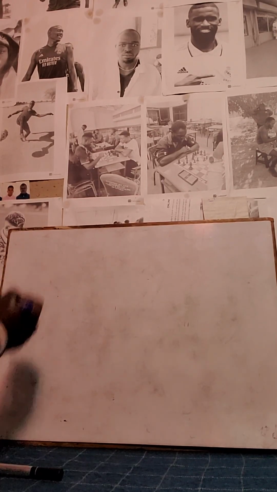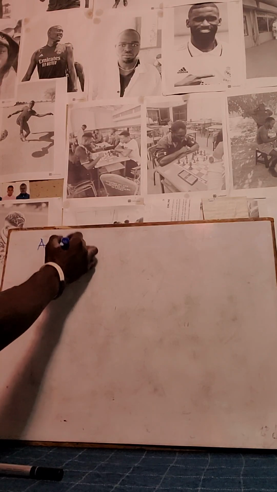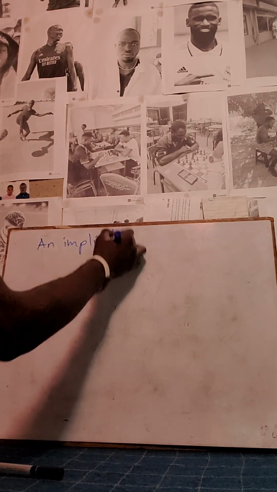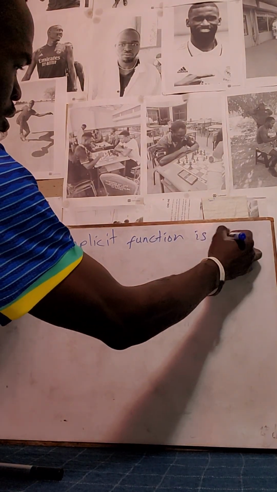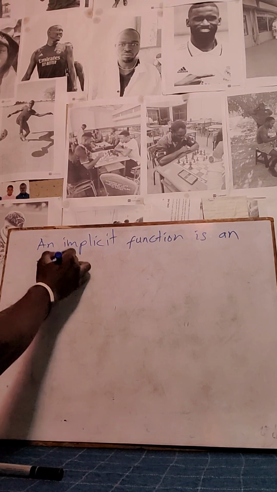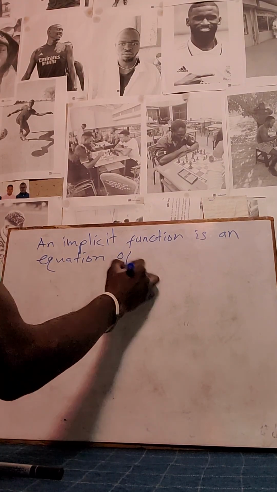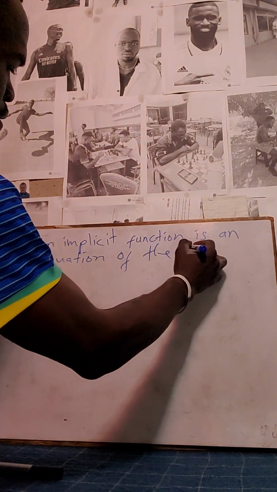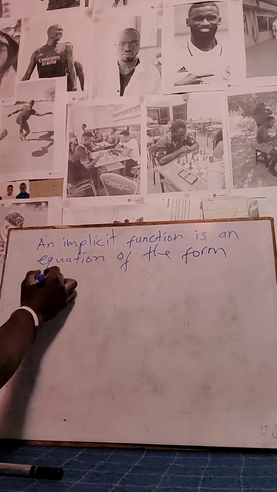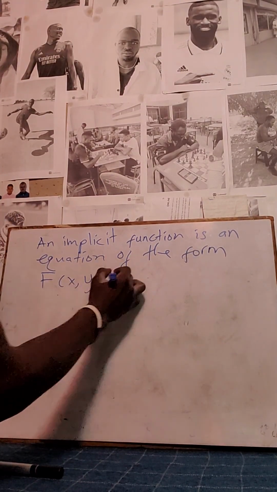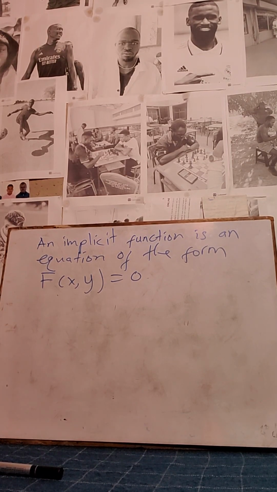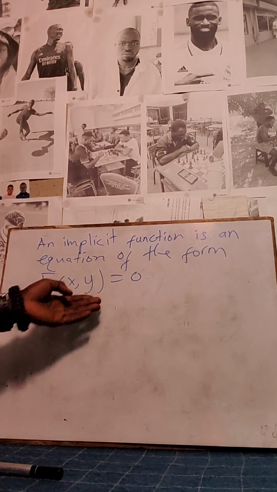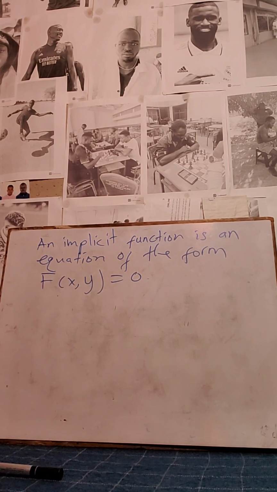So we'll start with the definition. An implicit function is an equation of the form f(x, y) equals 0.